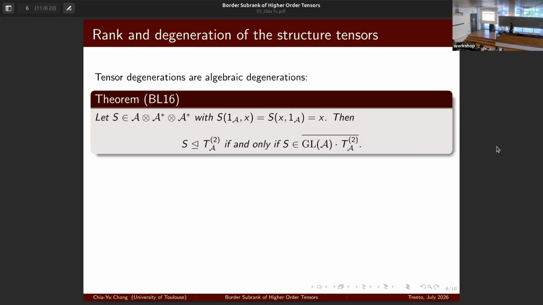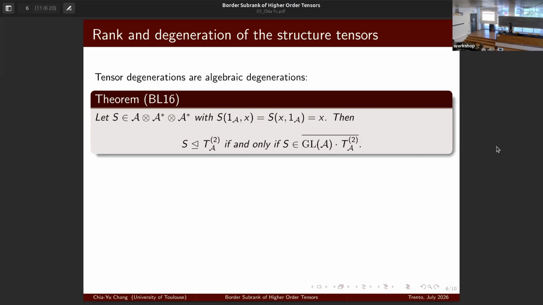When we define degeneration, we apply linear maps on each vector separately. But this theorem tells you that you can just use the same action on each vector to get this degeneration.